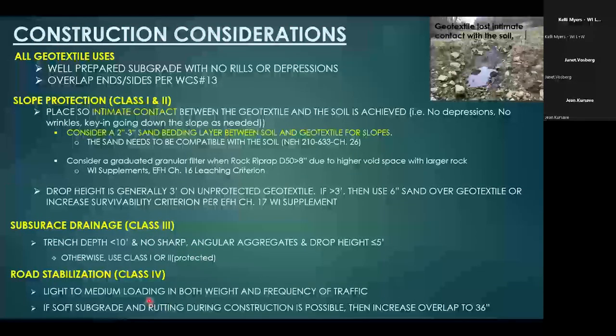Road stabilization, again, light to medium loading, both weight and frequency of traffic, which for NRCS projects, that's what we're all about for access roads. If you have a soft subgrade and rutting during construction, increase your overlap or fill those ruts in, and also, if you can't get them filled in perfectly, increase your overlap.